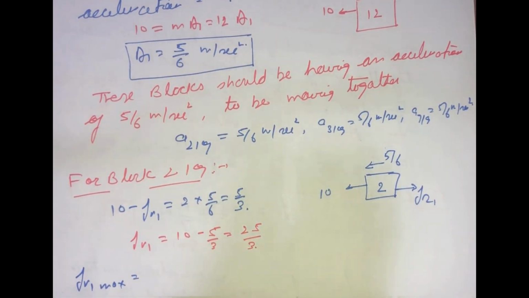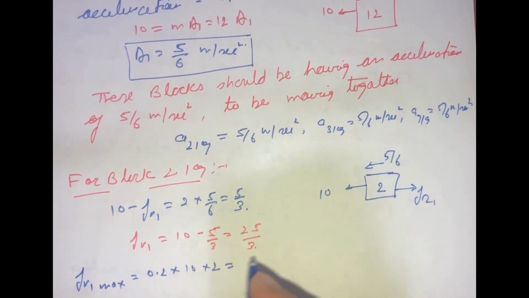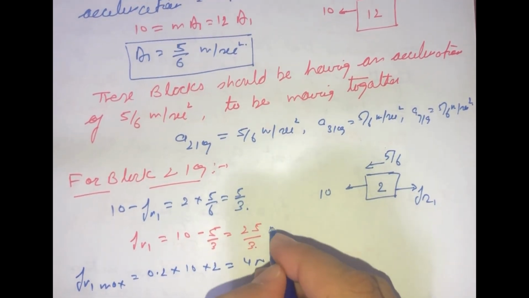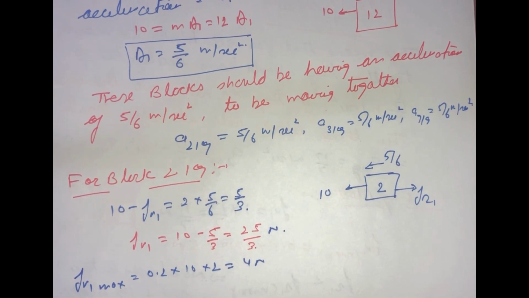The coefficient of friction is given as 0.2 multiplied by 10 multiplied by 2, so we get this as 4 Newton. So the maximum force that is available is 4 Newton, whereas the required force is 25/3.